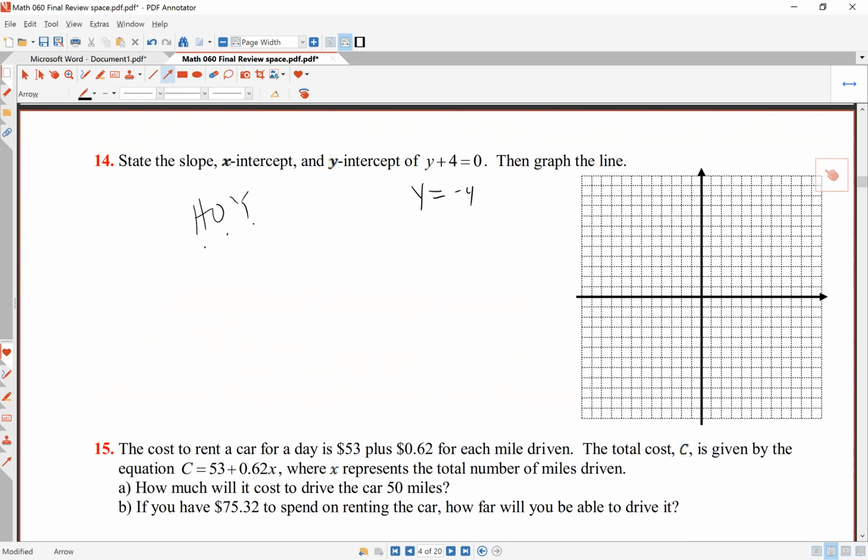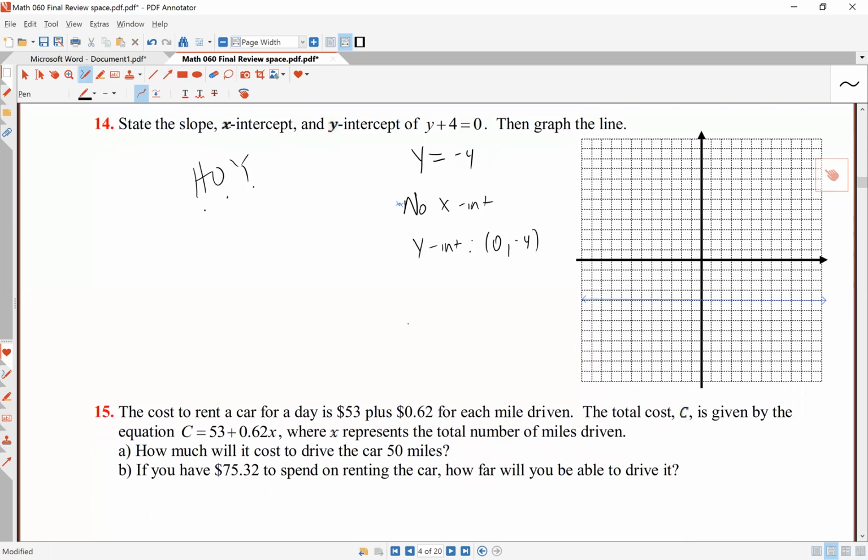So if I go down to y equals -4, and so we have a horizontal line, it will have no x-intercept, but it'll have a y-intercept of (0, -4). All right, so that was graphing our lines.